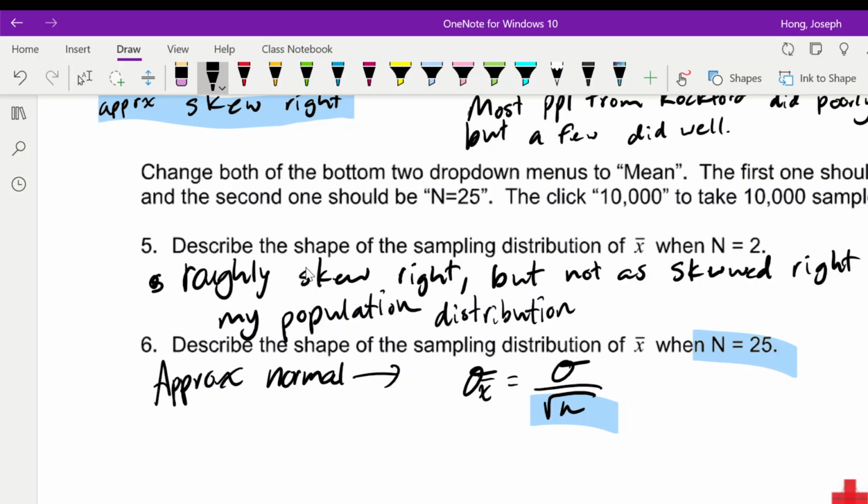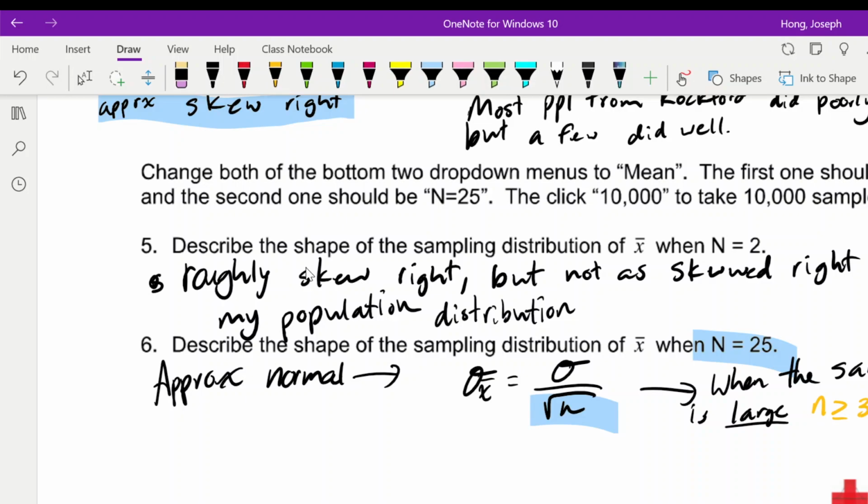Our standard deviation is going to be a little bit more concise. So a safe way for AP Stats for you to assume that it's going to be approximately normal is when the sample size is large. A number that I like to use for AP Stats is n is greater than or equal to 30. You can say 25 to 30.